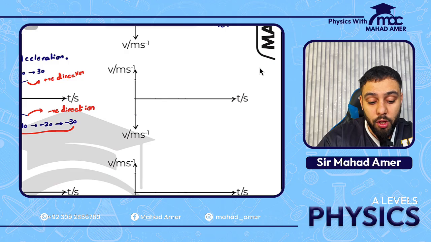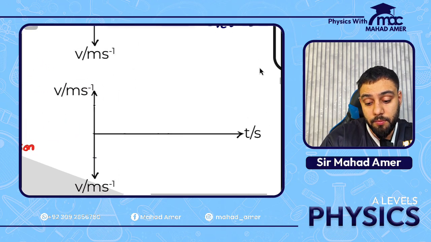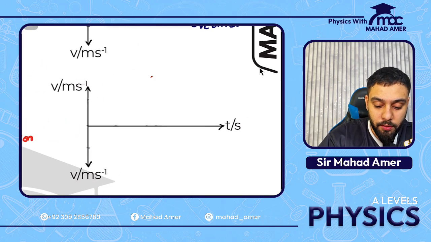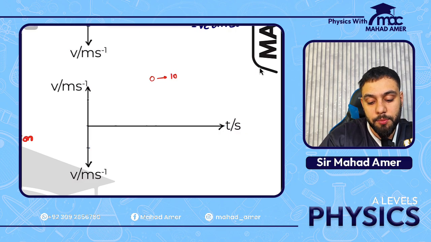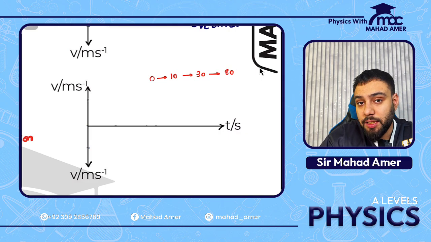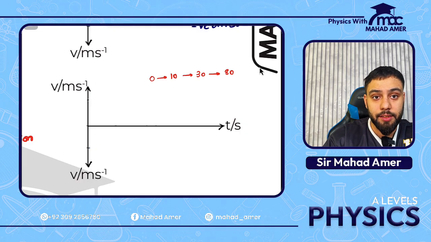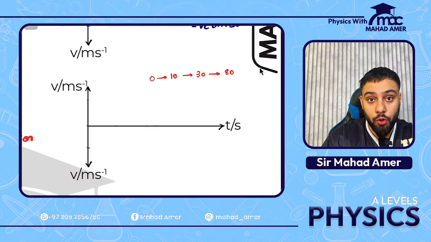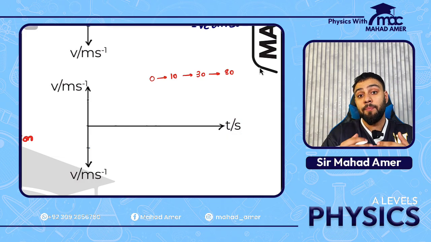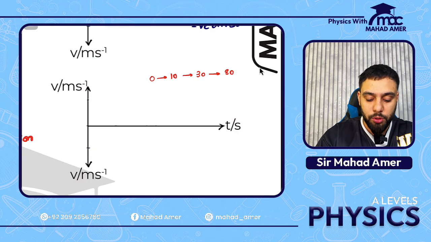Well, then we have, for example, non-uniform increasing. Object starts from 0 to 10, then gains speed to 30, then to 80. Each second, the velocity is increasing, but the rate at which the velocity is increasing is also increasing. So the object is getting faster, that's a fact, but the rate at which it is getting faster is also increasing.